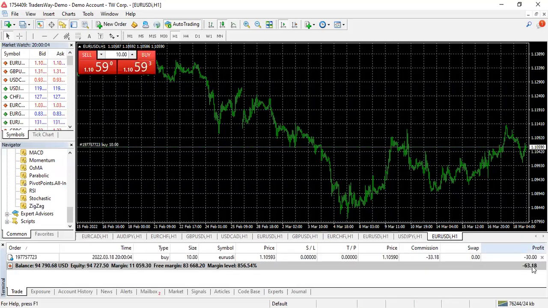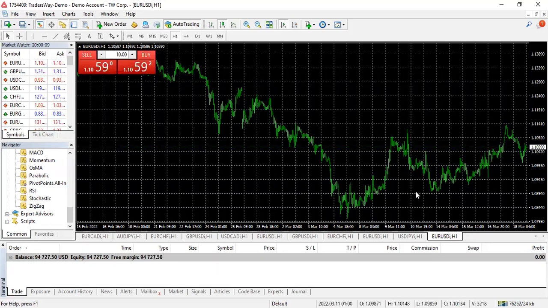I can open a trade manually and I can close it manually. But when you reach a stop out level, the system will automatically close you out. When you don't have enough margin level, the system will close you out. So this is how it is.